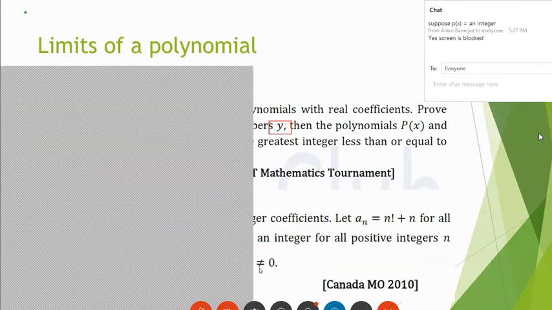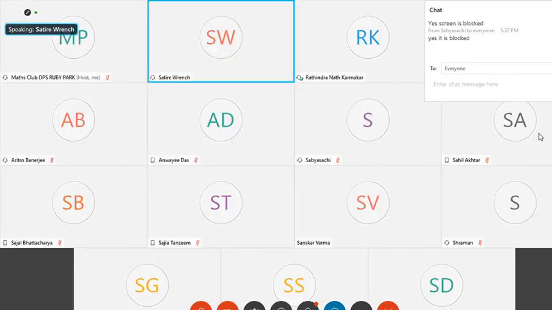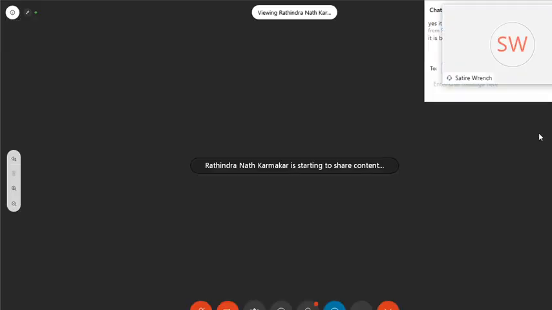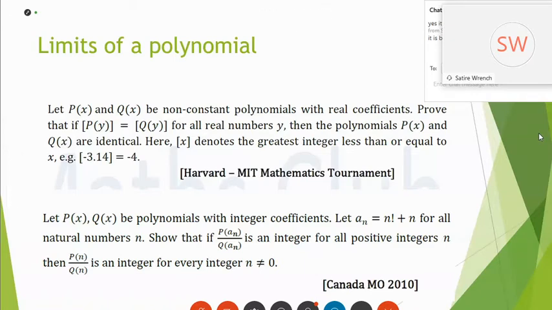Is the screen still blocked? Now it's gone. Okay, thank God.